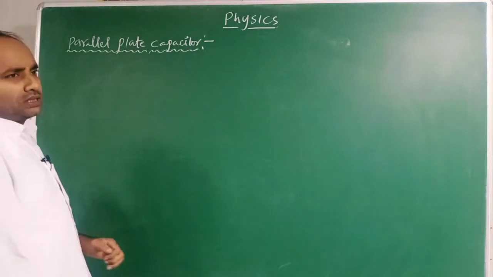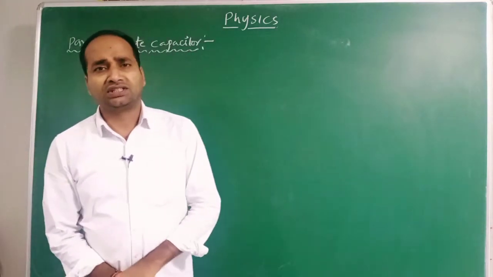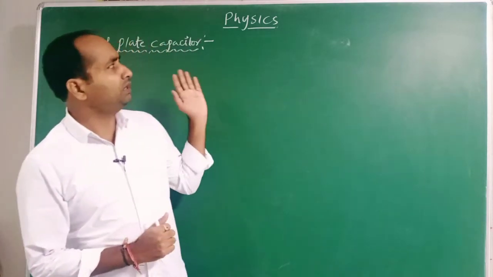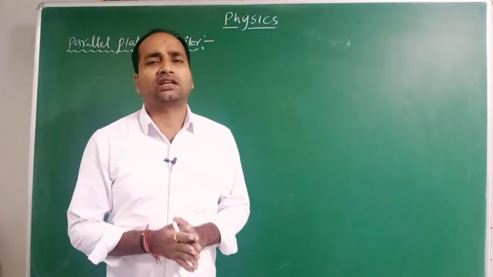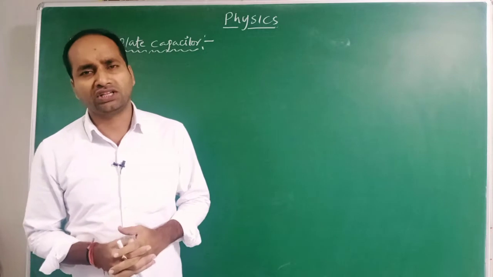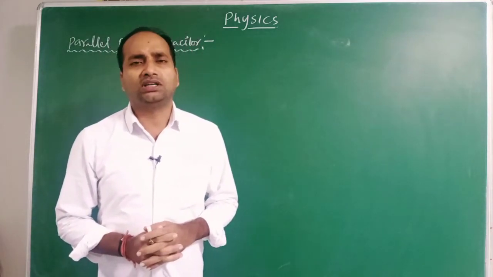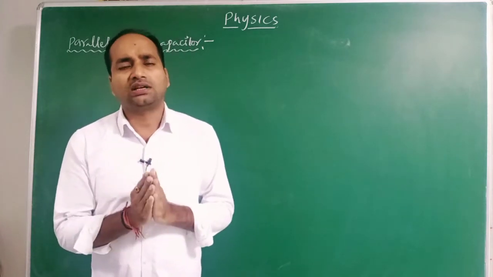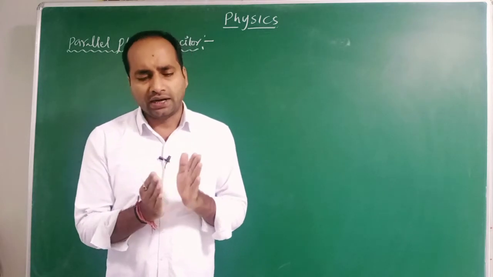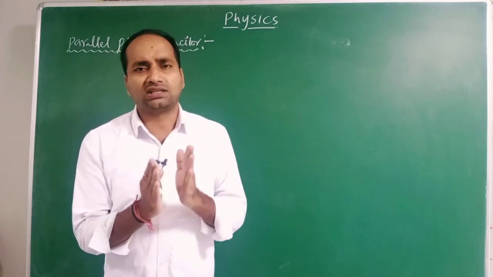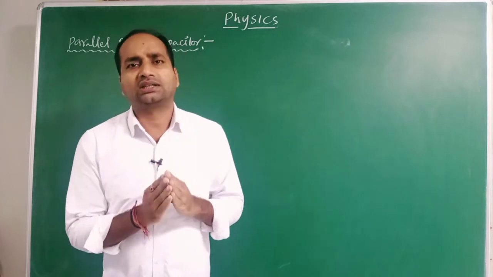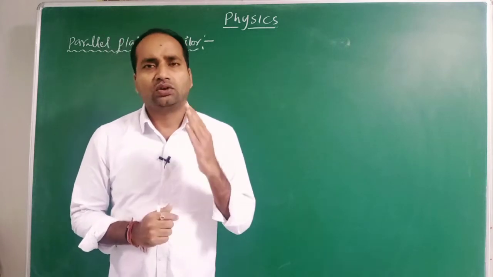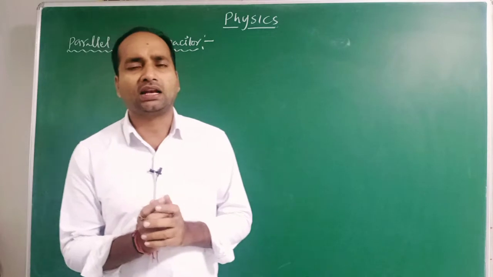For different types of applications we use different types of capacitors, but a parallel plate capacitor, as the name itself says, has two conductors kept parallel to each other. We know that a capacitor is a system of two conductors separated by a small distance. Here these two conductors are kept parallel, so we treat them as two plates. Consider two conductors of any shape and any size, but kept parallel to each other.